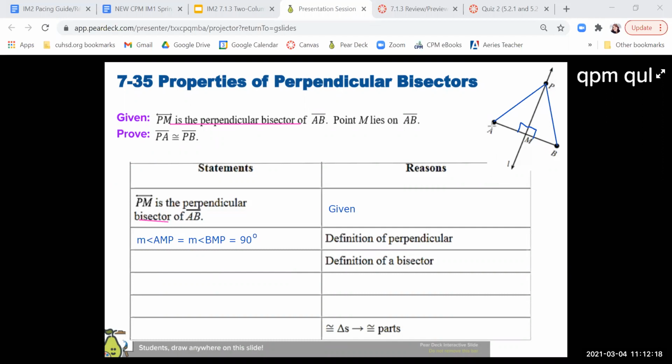So if PM bisects AB, what that tells us is that segment AM is the same length as segment BM. And that's going to be our next statement. So our next statement is all about establishing that segment AM is the same length as segment BM.